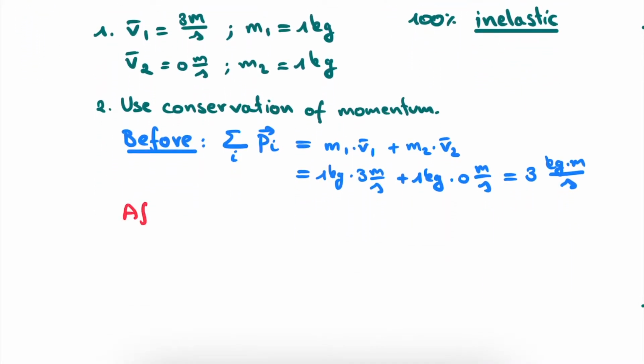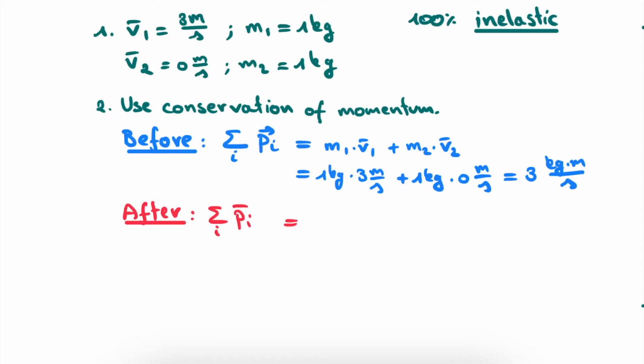Let's now look at the situation after a collision has taken place. We can again calculate the total momentum, which is simply the sum of all the momenta, and this of course will again be the sum of the individual momenta of both of these objects.